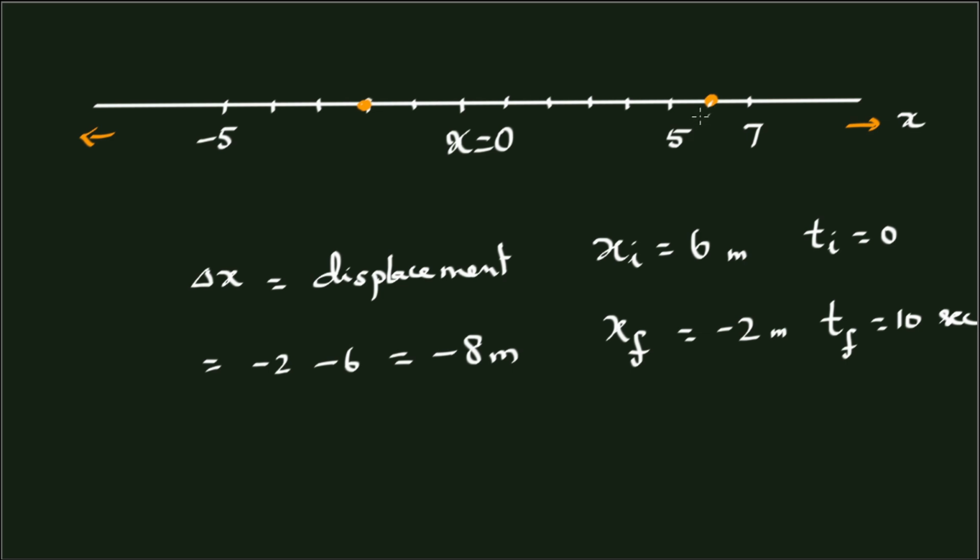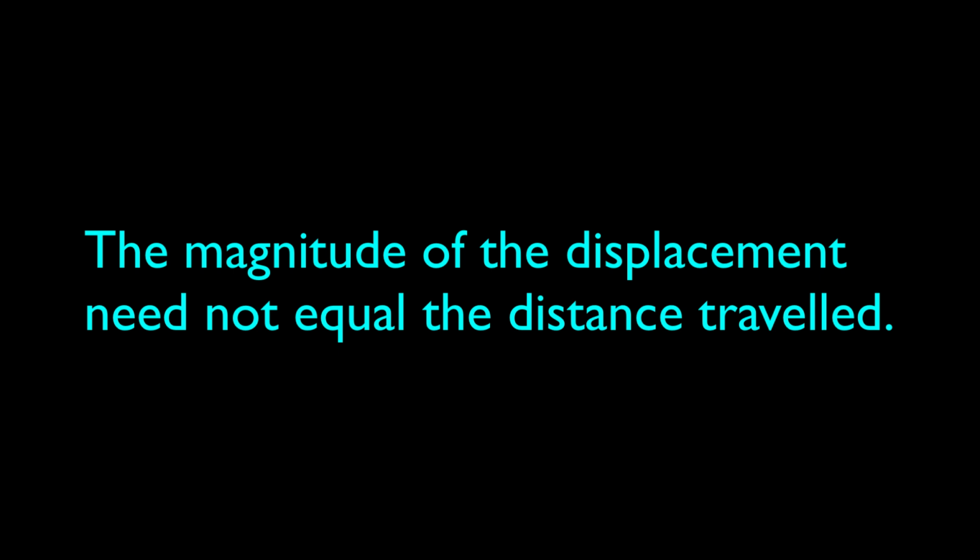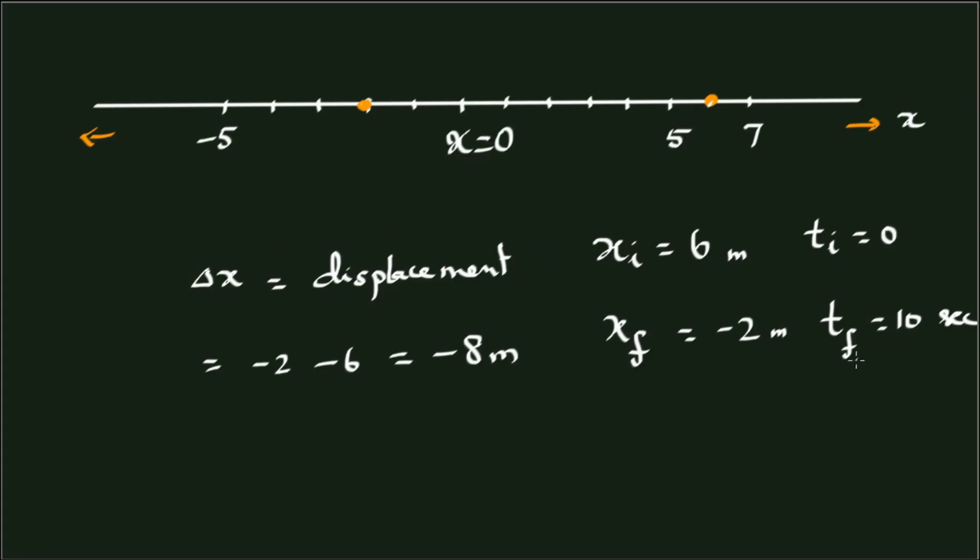It doesn't mean that the particle went straight left. Remember, it went left, right, left, all over the place and finally ended up here. All we know from displacement is the change in the position. All we know is that during the 10 seconds, the change in the position is -8 meters.